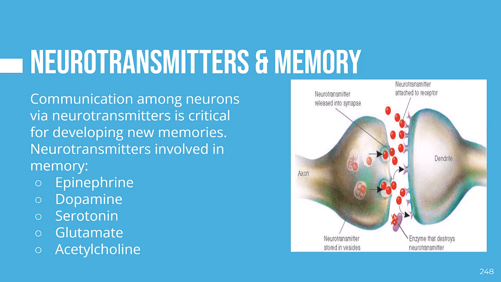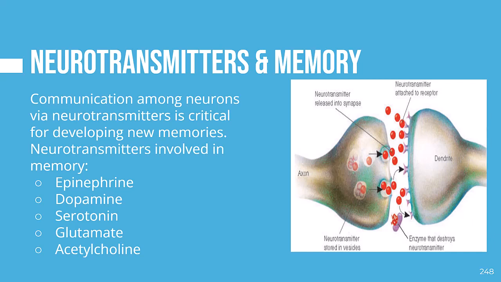We also discussed neurons and neurotransmitters in an earlier video. If you recall, communication among neurons happens via neurotransmitters. Communication among neurons via neurotransmitters is critical for developing new memories. Strong emotional experiences can trigger the release of neurotransmitters, which then in turn strengthen memory.